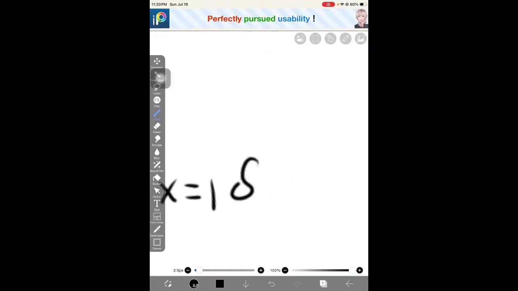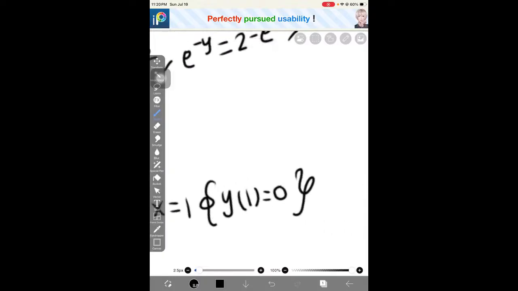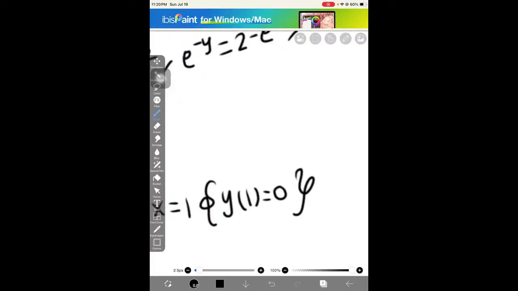So I think that means y of 1 is equal to 0. I think that's what they're trying to say here.